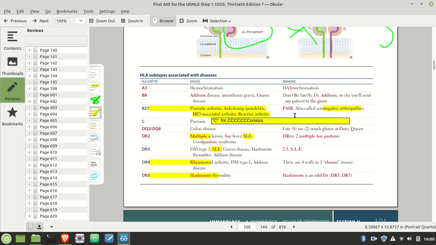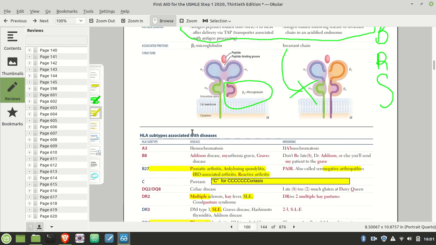So, this is important not just for the test, but in real life too, because you'll see someone with this result and you'll start thinking, we gotta go in this direction. Please memorize all of these, there's nothing else to do. You just have to memorize it, they have some cool little tricks. I like 2-3 SLE, and the rest you'll find your own way.